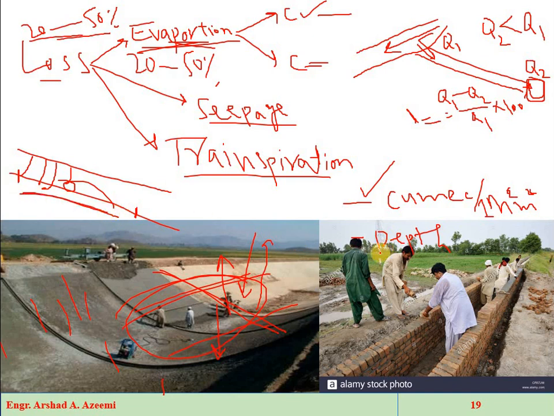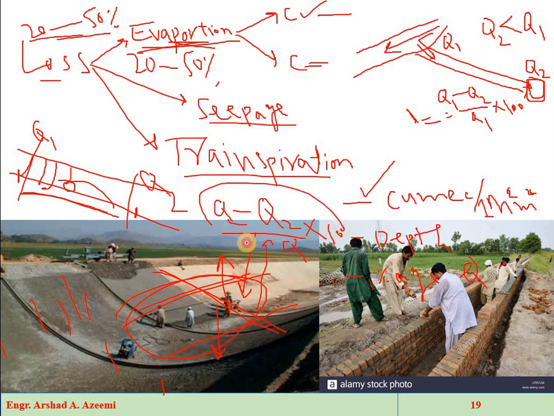Okay. Secondly, we can also represent the losses in terms of percentage of discharge. For example, if here the discharge is Q1 and here the discharge is Q2, then the percentage loss will be (Q1 minus Q2) divided by Q1 multiplied by 100.